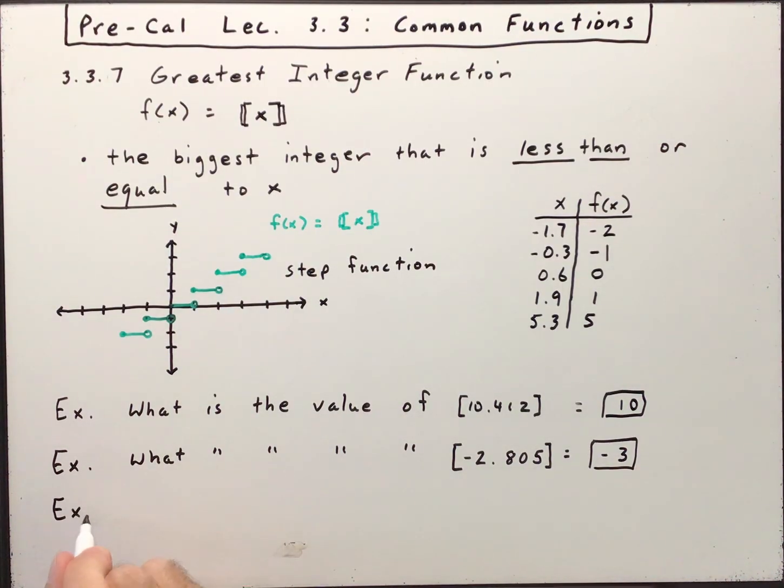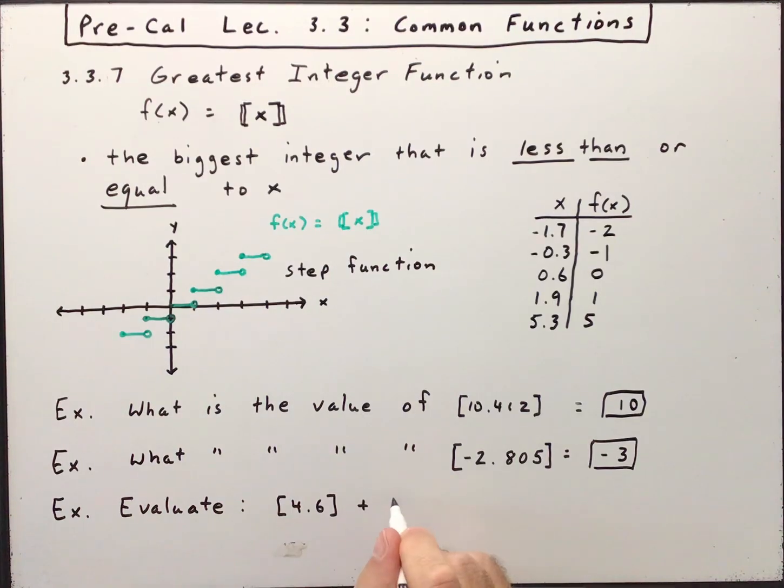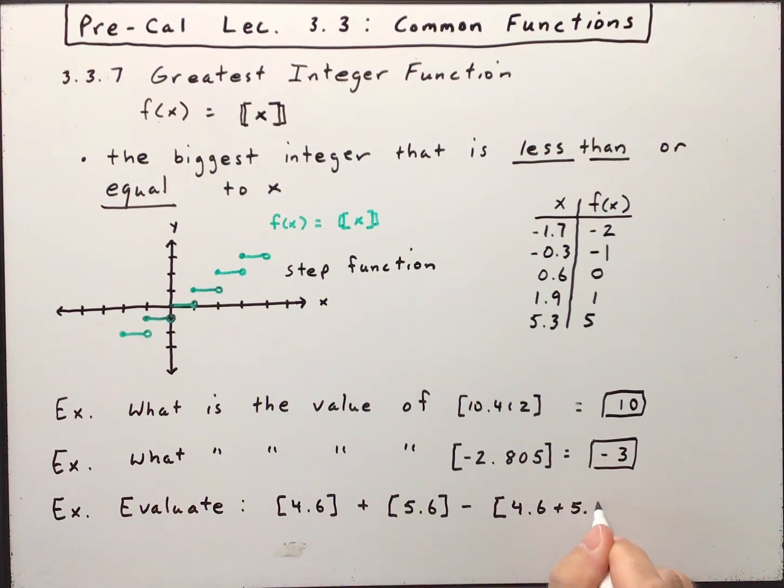And then finally, we want to evaluate greatest integer 4.6 plus greatest integer 5.6 minus greatest integer of 4.6 plus 5.6. Okay, so you just do them one at a time.